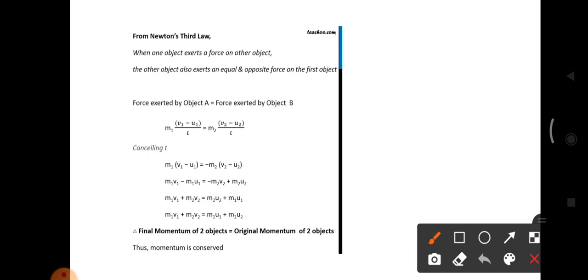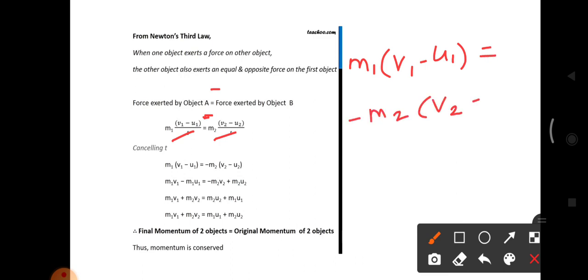So m1 into v1 minus u1 by t equals minus m2 into v2 minus u2 by t. Why am I adding the minus sign? Because the forces are opposite. Cancelling the t on both sides, the remaining thing is m1 into v1 minus u1 equals minus m2 into v2 minus u2.